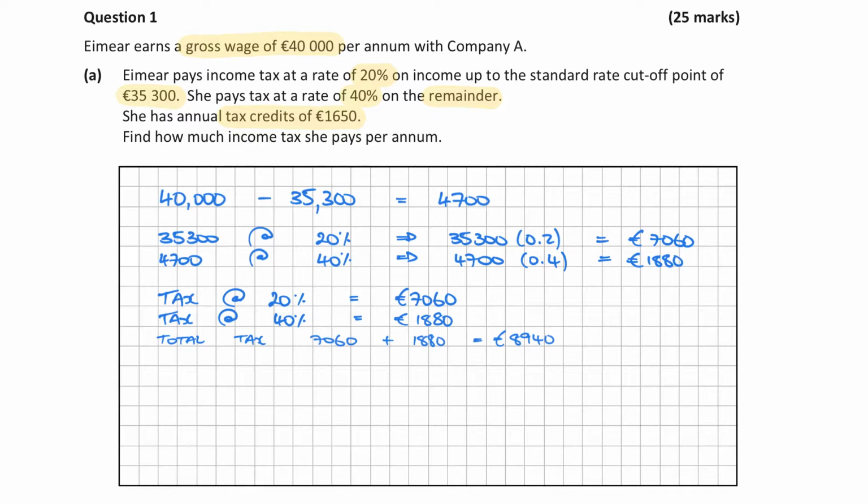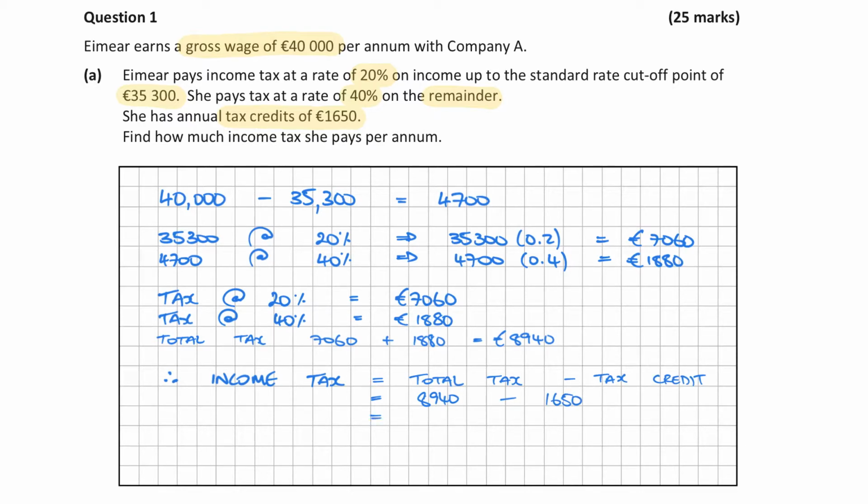So in order to work out how much income tax she pays, we'll need to take her total tax and subtract the tax credit. Okay, so that's going to be equal to 8,940 subtract 1,650.